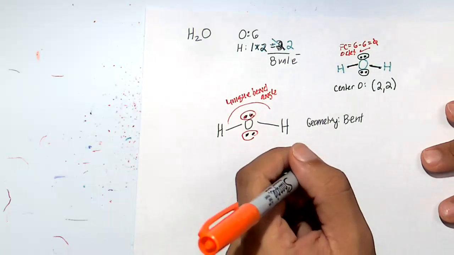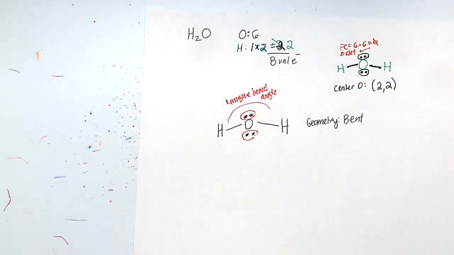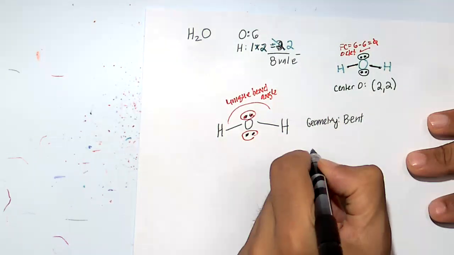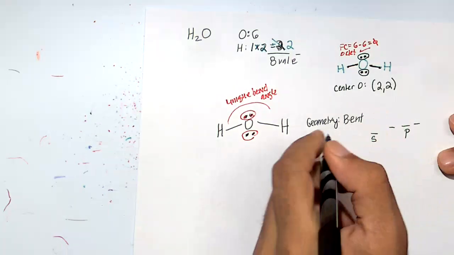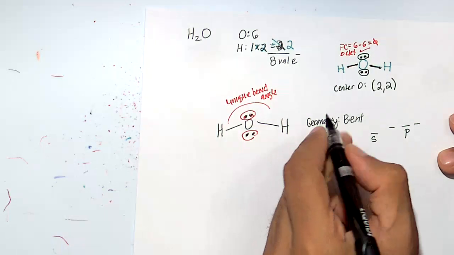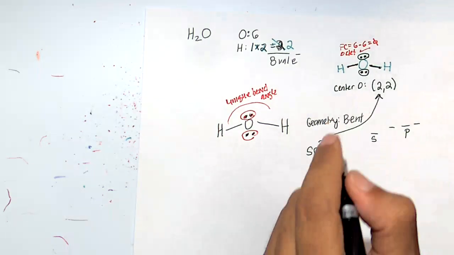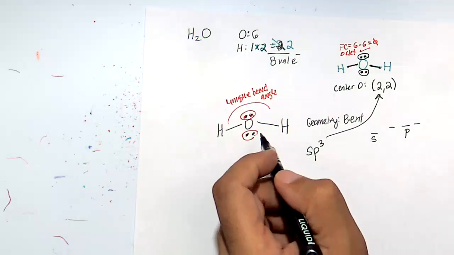So how will we get to, what's 2 plus 2? 4. So how will we get to 4? We're going to take 1 from S. And how many from P? 3. 3 plus 1 is 4. That allows for my 4 bonds. 4 bonds, 2 of which are single, 2 of which are lone pairs.